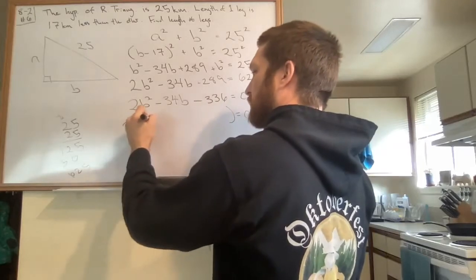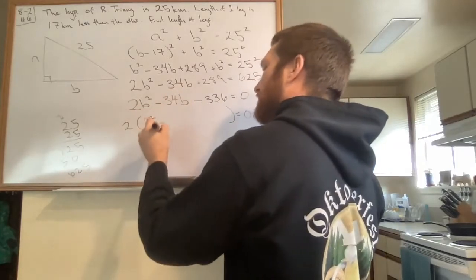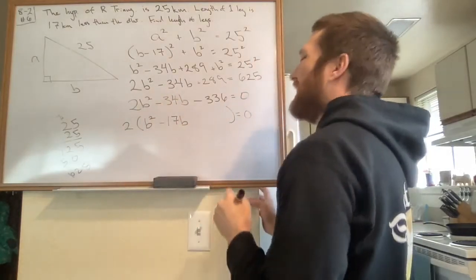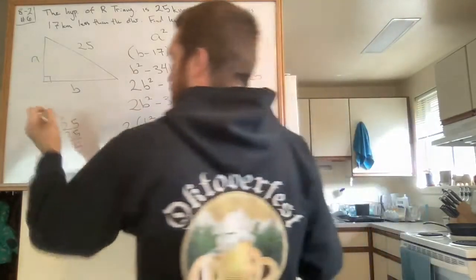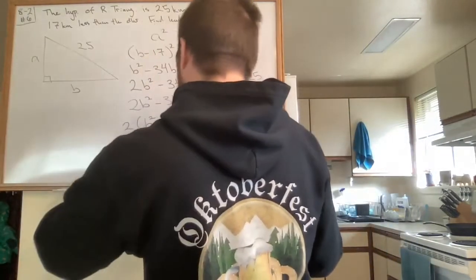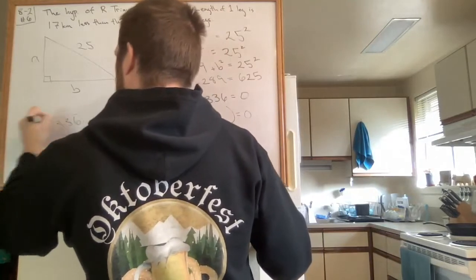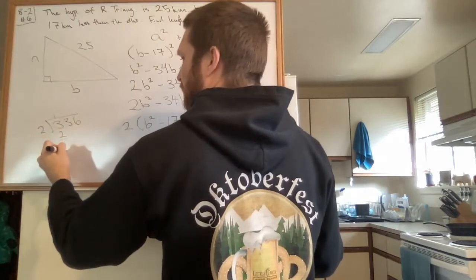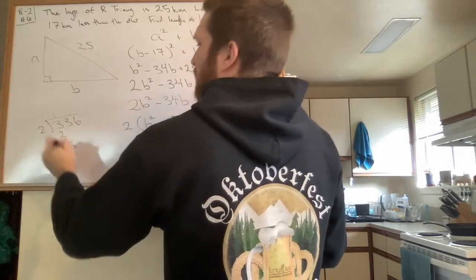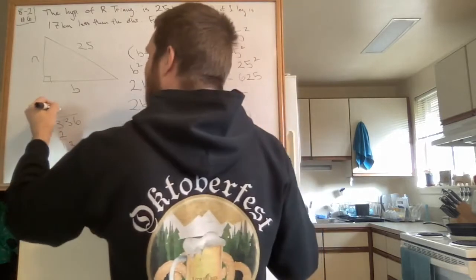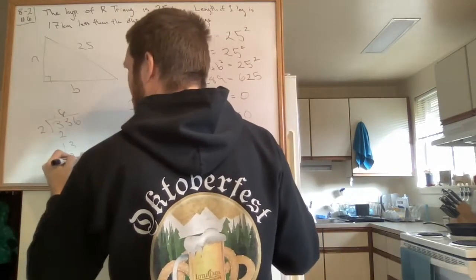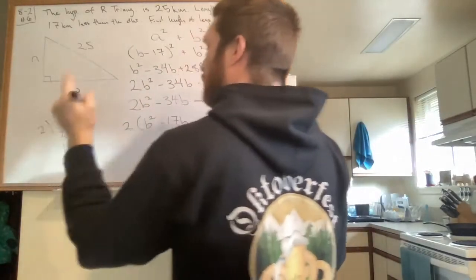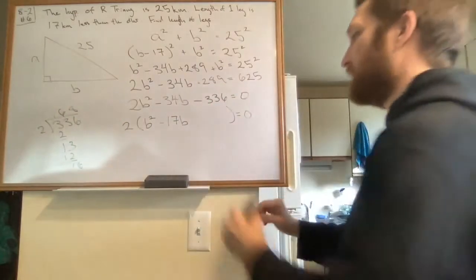That leaves me with b squared, half of 34 is 17. Half of 336, let's just do it the old-fashioned way. 336 divided by 2. 2 goes into 3 one time, giving me 2 with 1 left over, drop the 3. 2 goes into 13 6 times, giving me 12. 2 goes into 16 8 times, so that should be 168. It should be minus 168.